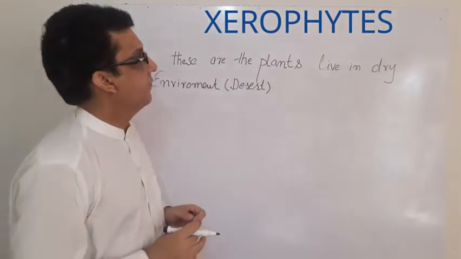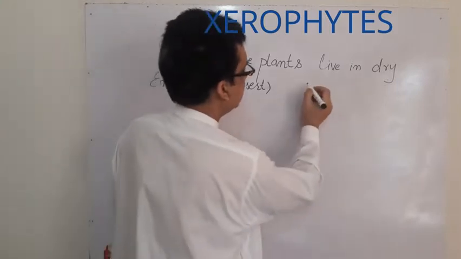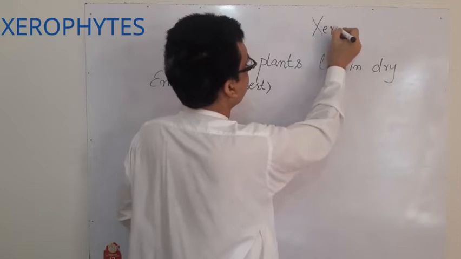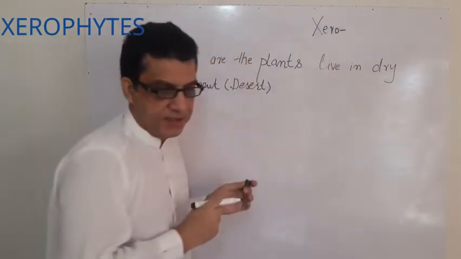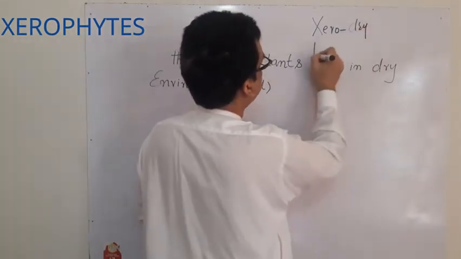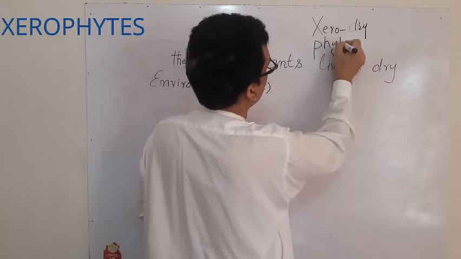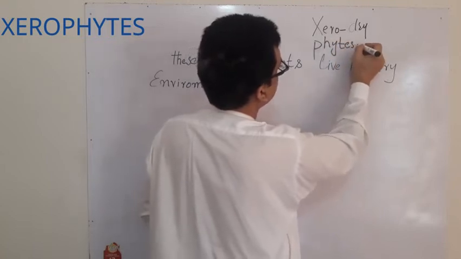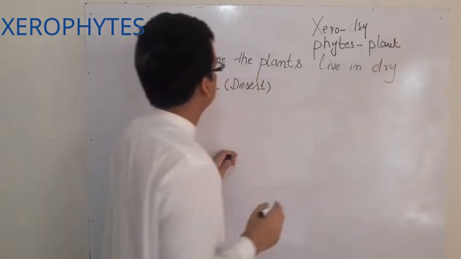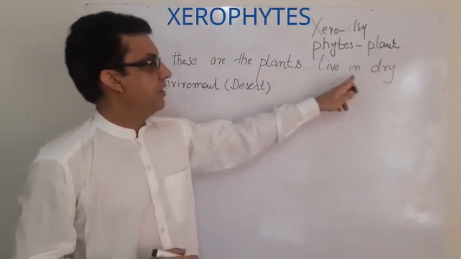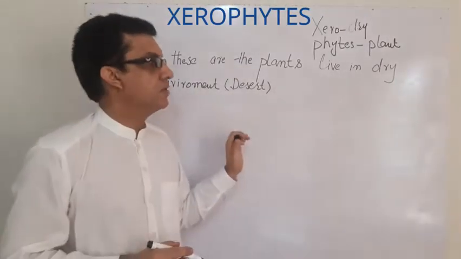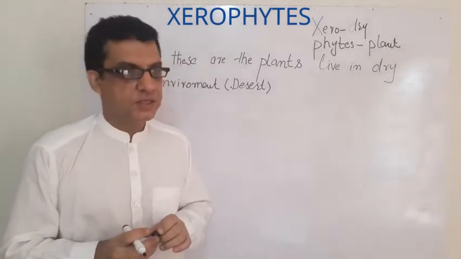What is the meaning of xerophytes? Xero means dry, and phytes means plants. So the plants which live in a dry environment, dry conditions, such kind of plants are called xerophytes.